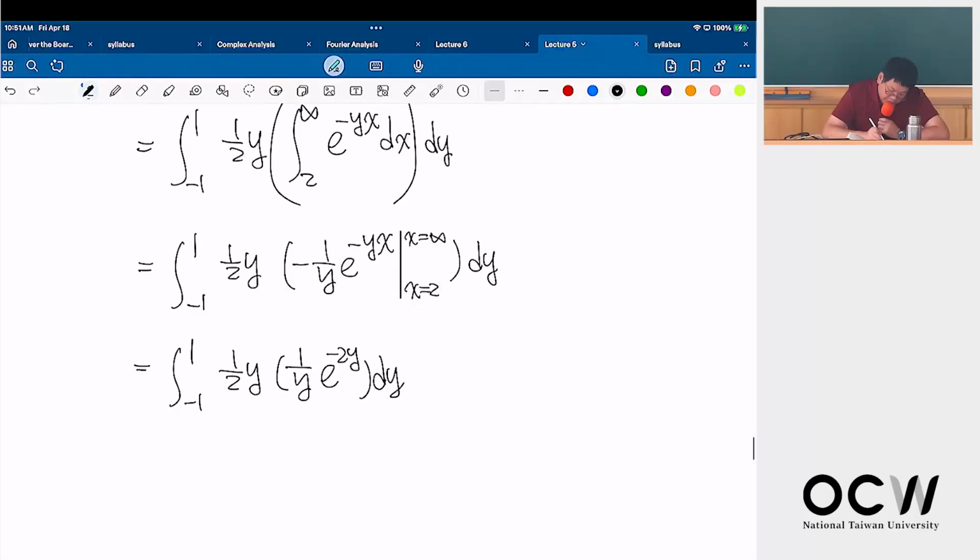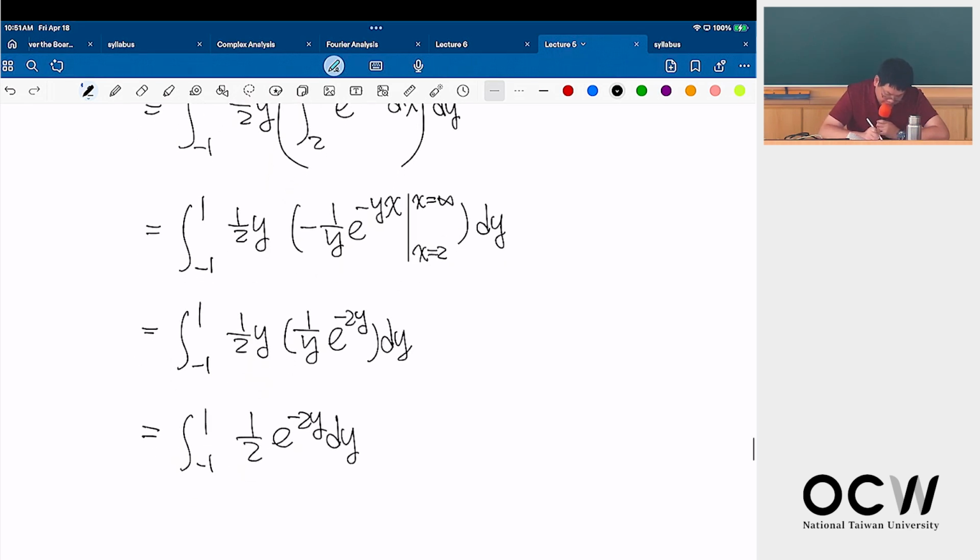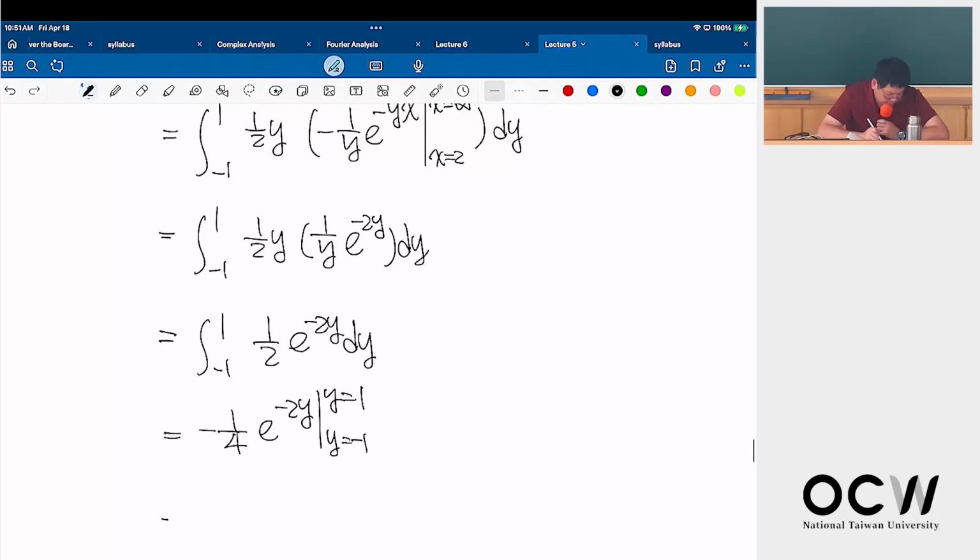So you can easily find the answer. Here should be minus 1/4 e to the minus 2y, and your y is from -1 to 1. So 1/4 times e to the 2 minus e to the minus 2.